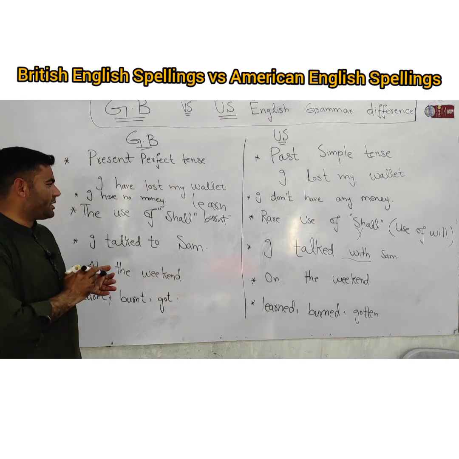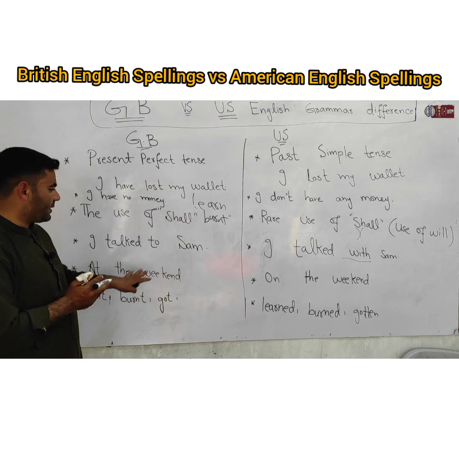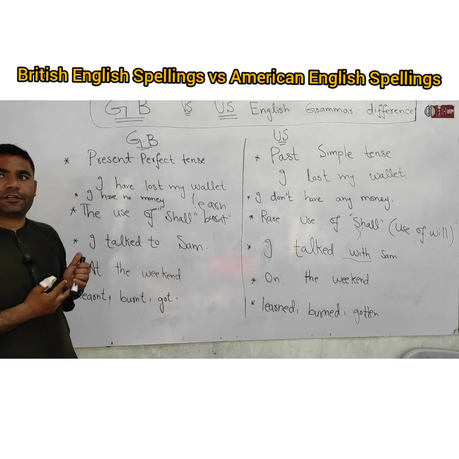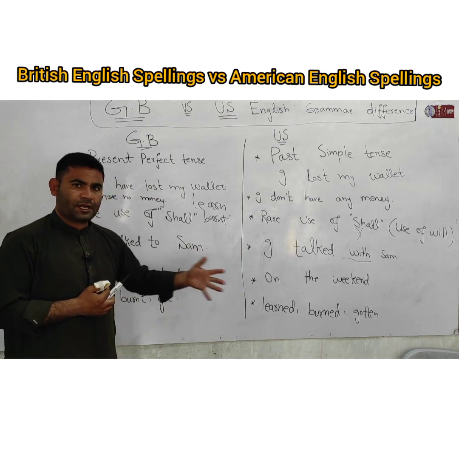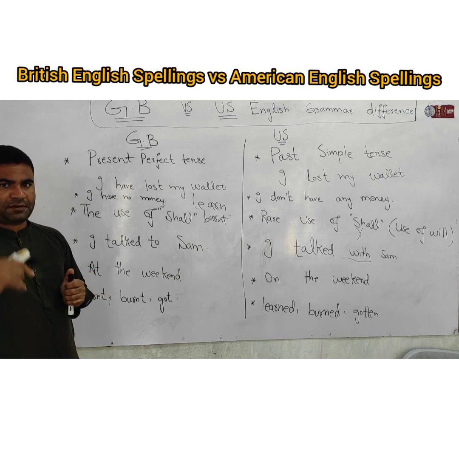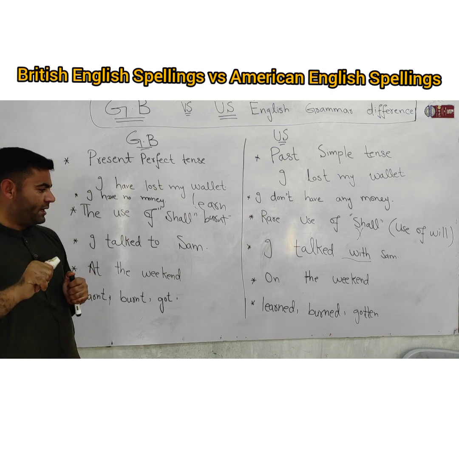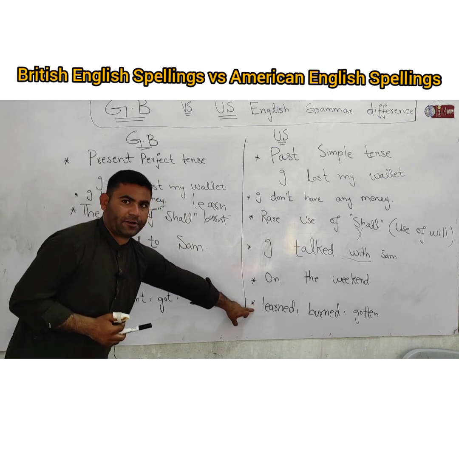While in American English, verbs like burn and learn are considered regular verbs. Like learned, burned: "I learned English, I burned myself, I burned my finger." American English, "ed," okay? Learned.